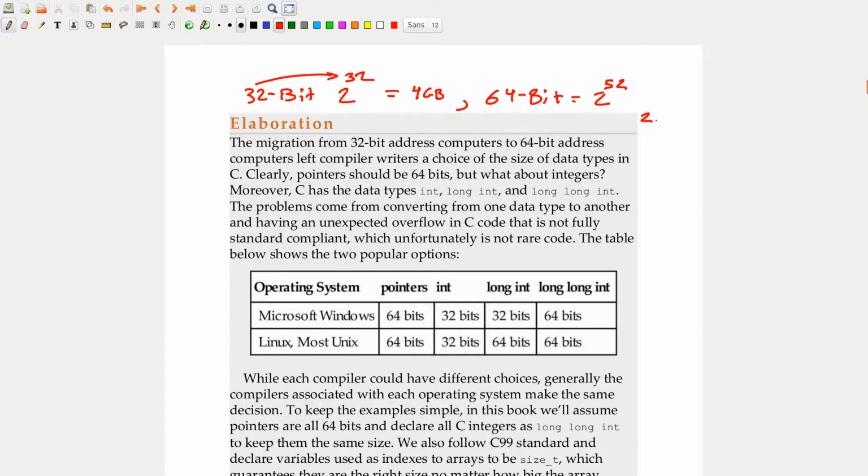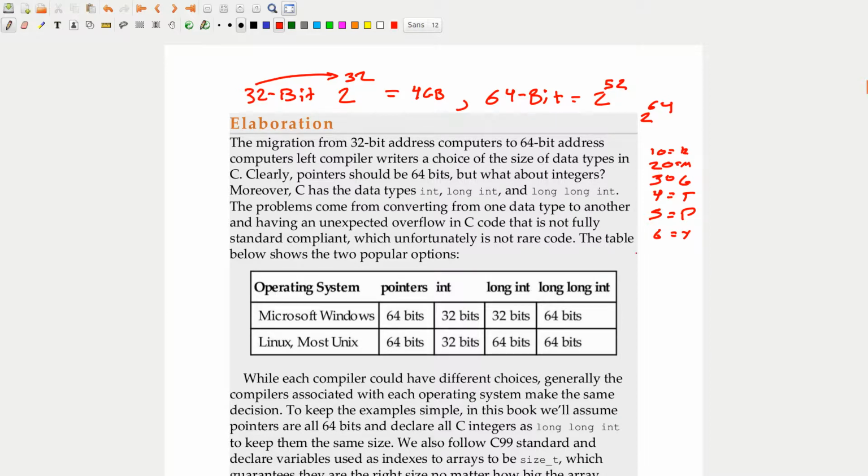Because if you think of what 2 to the 64 is, it's a really big number. So 10 is K, 20 is meg, 30 is gig, 40 is terabyte, 50 is petabyte, 60 is exabyte. So for 64, it's going to be 1, then 2, 4, 8.